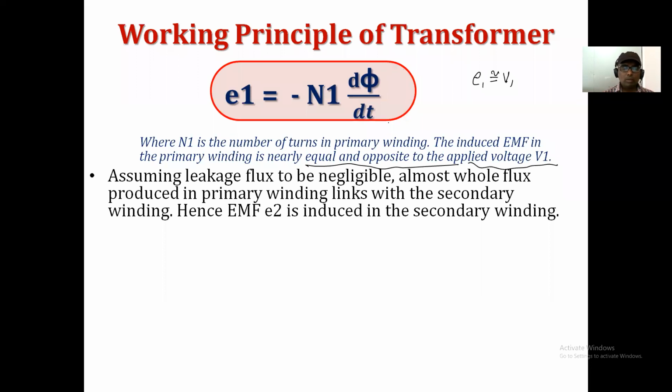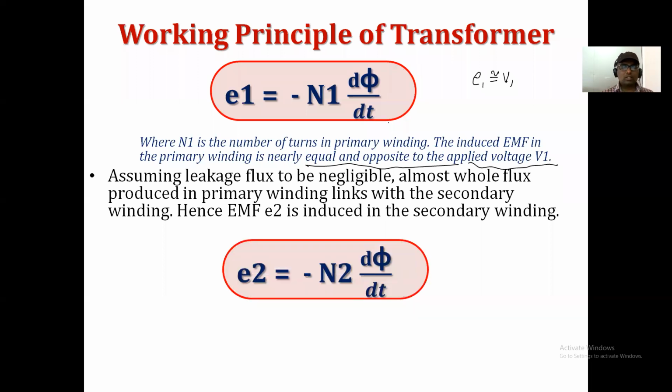Hence, EMF E2 is induced in the secondary winding, and this can be written as E2 equal to minus N2 dφ/dt, because E2 is the EMF induced in the secondary winding and N2 is the number of turns of the secondary winding.